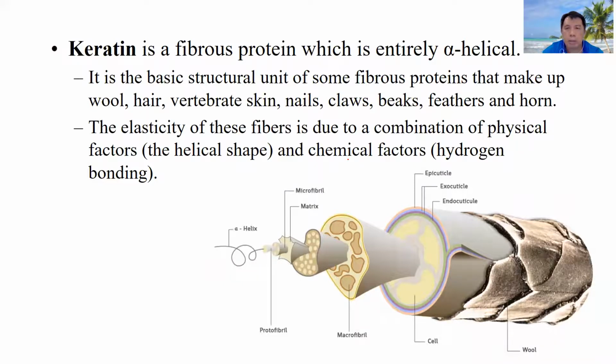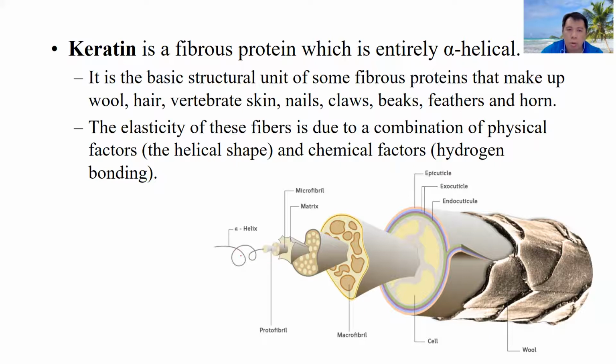Keratin is the example. Keratin is a fibrous protein, which is entirely alpha helical. So this is one polypeptide chain, and it shows an alpha helix structure.